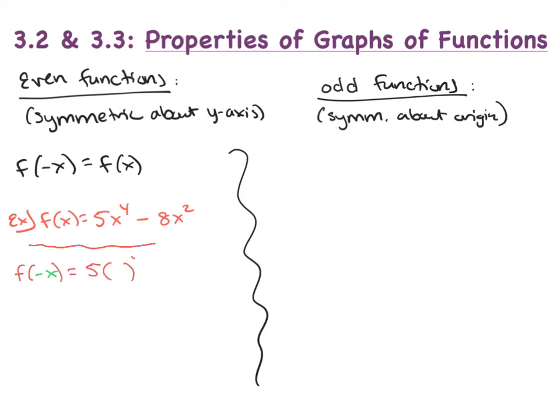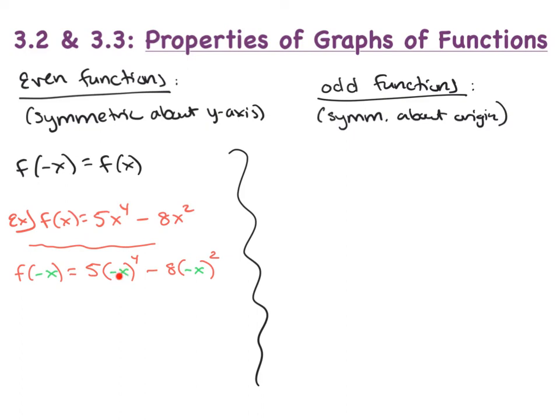So everywhere I see an x, I'm going to put parentheses, just like we were doing in our previous section. And then I'm going to put negative x in for those spots. So it will be 5 parentheses negative x to the 4th minus 8 parentheses negative x squared.